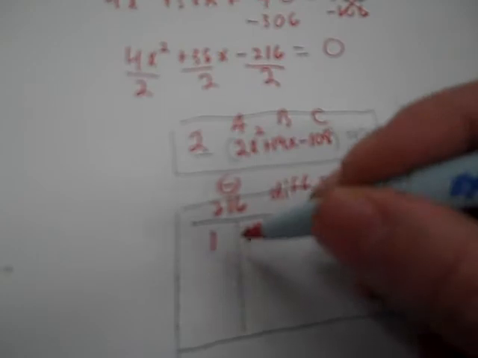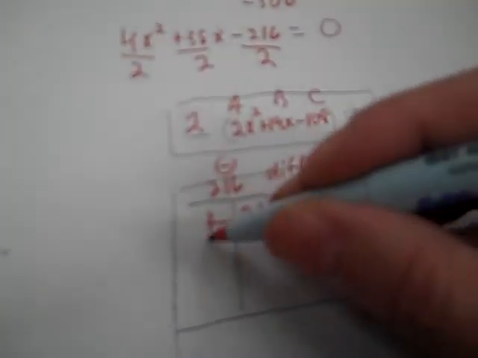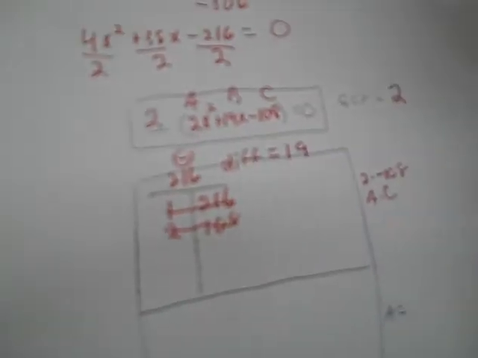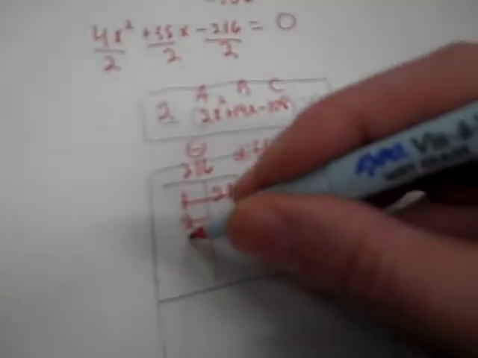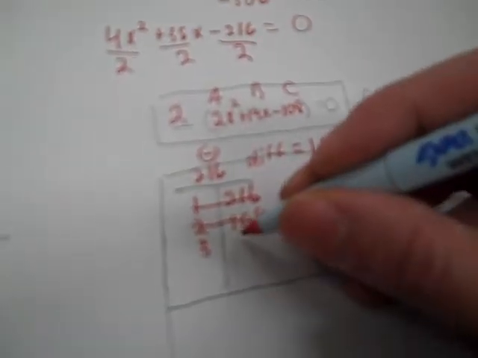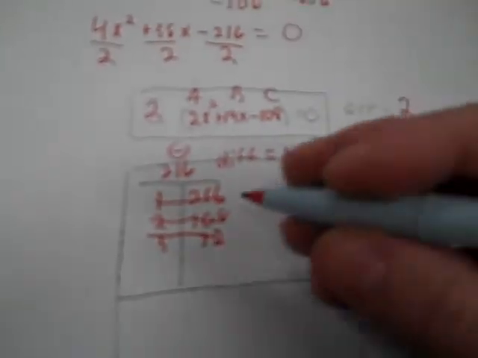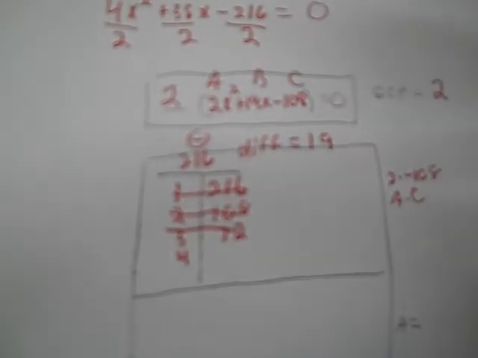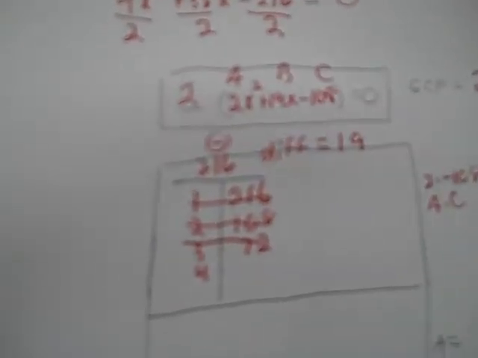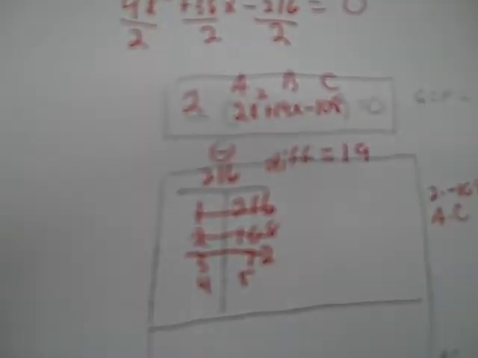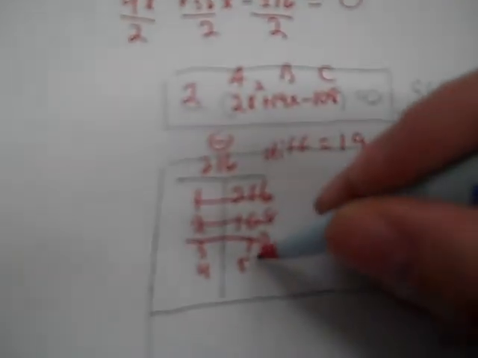Okay, that's not 19. 216 divided by 2 is 108, but 108 minus 2 is not 19. 216 divided by 3 is 72, but that's not 19. 216 divided by 4 is 54.